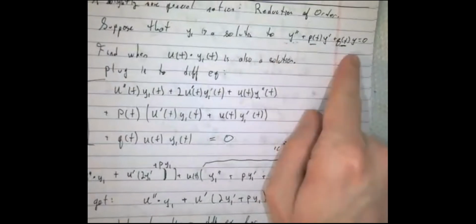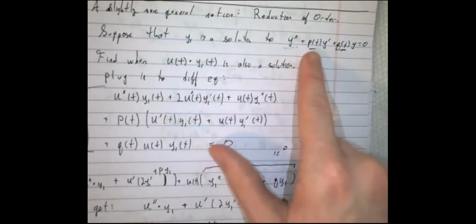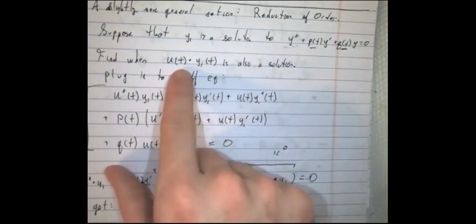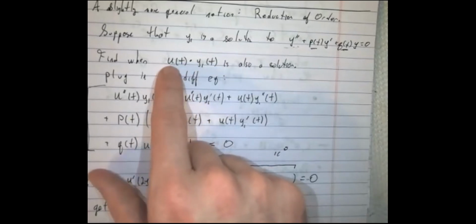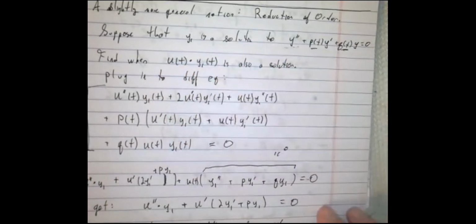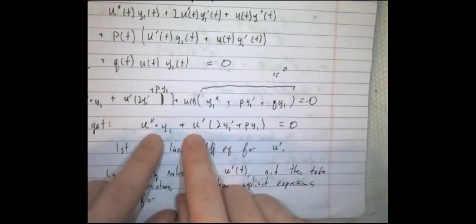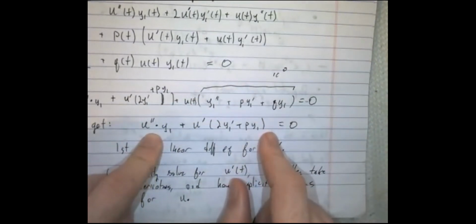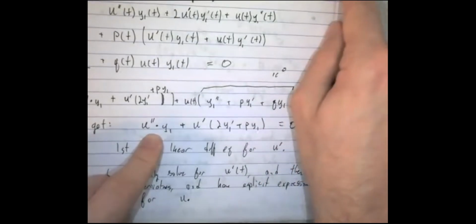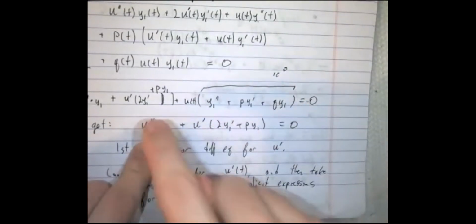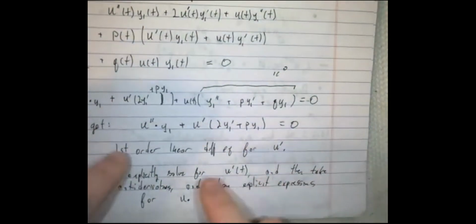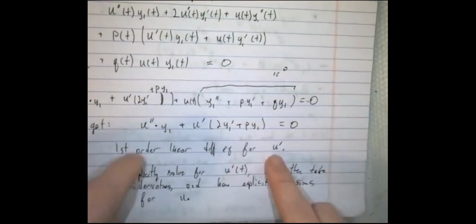What we're trying to solve here is a second order linear homogeneous differential equation for y. When we make this substitution and we start examining u of t times y1 of t, we end up with a more simple differential equation in terms of u. You could think of this either as a second order linear differential equation for u, which doesn't have any u term, it's only involving u double prime and u prime, or, which amounts to the same thing, this is a first order linear differential equation for u prime.